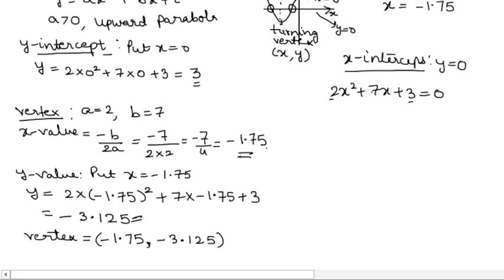So are there two numbers which when multiplied give you 6 and their sum is 7? The numbers that I can think of are 6 and 1. So 6 times 1 is 6, which is equal to the product of 3 and 2, and 6 plus 1 is 7. So these are the numbers that we can use to factorize.